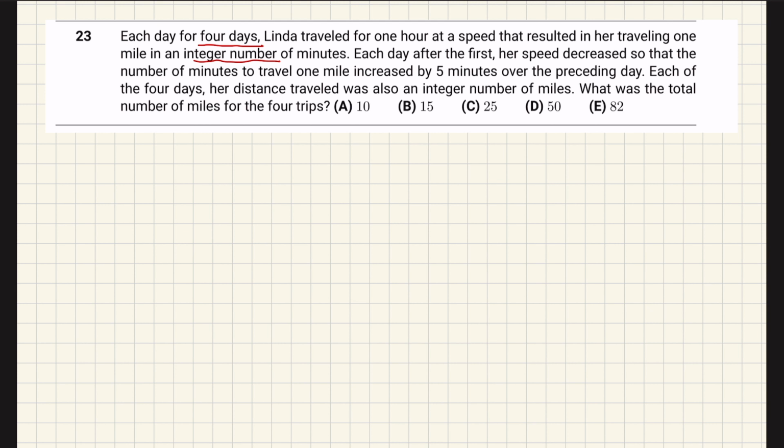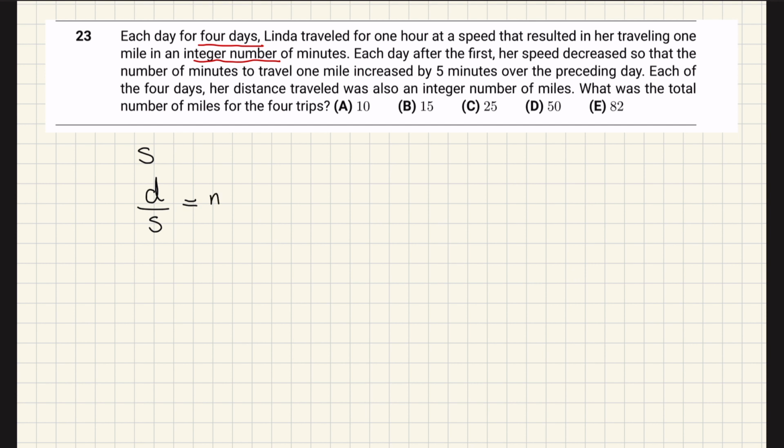Alright, let's try and pull this out. So if she travels 1 mile in an integer number of minutes, what does this tell us? Let's say she has some speed, s. Now if she travels 1 mile in an integer number of minutes, that means the distance divided by the speed equals an integer.